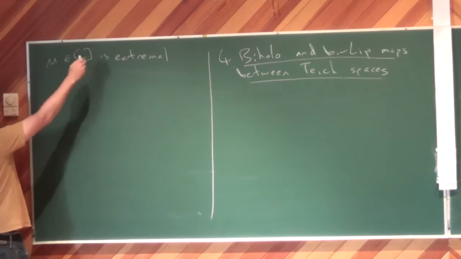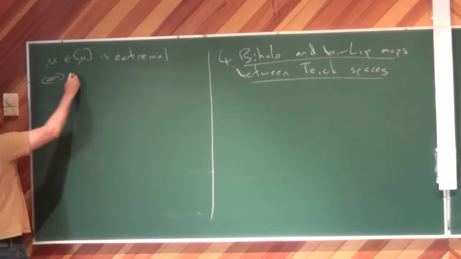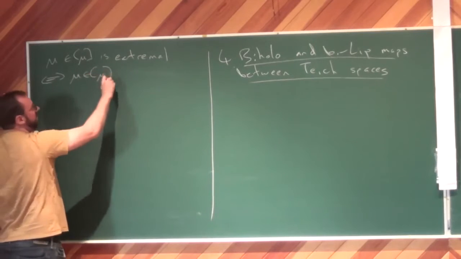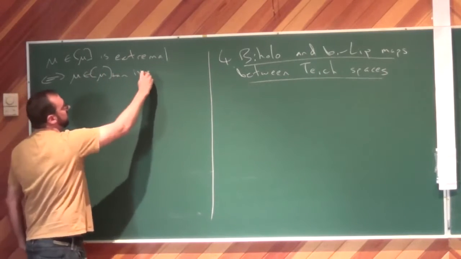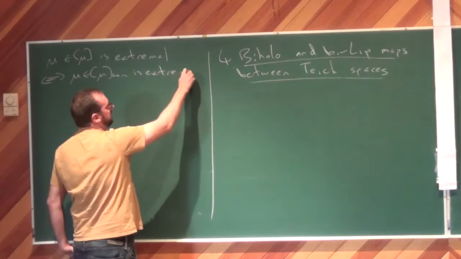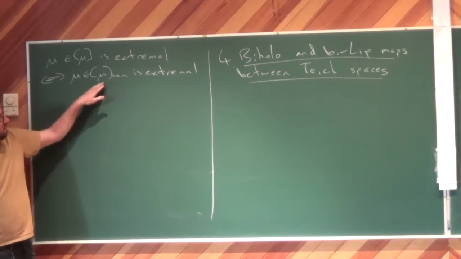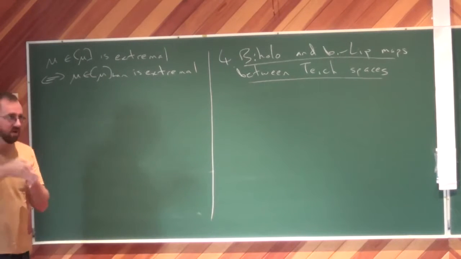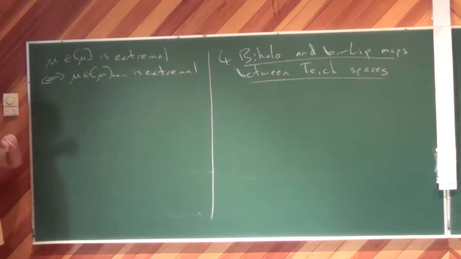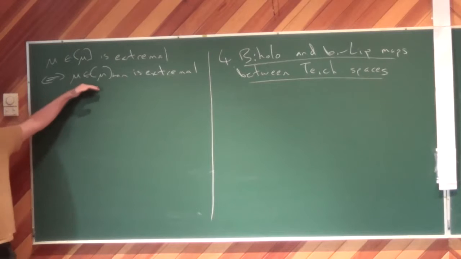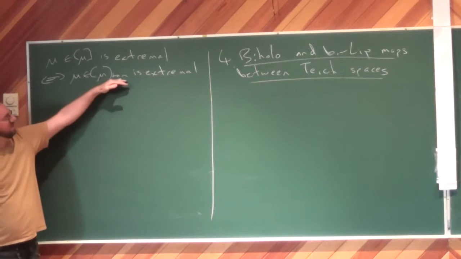A complex dilatation is extremal in its Teichmüller class if and only if it's extremal in its tangent class. So, if you remember, this is the class of complex dilatations which represent the same tangent vector at the base point. And this is a nice linear class.